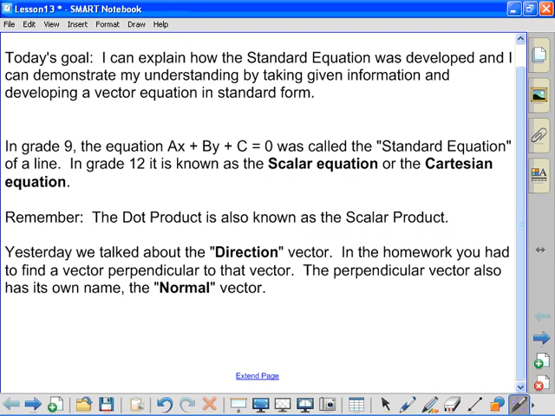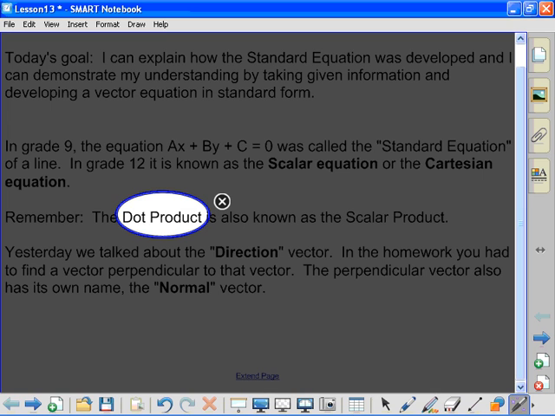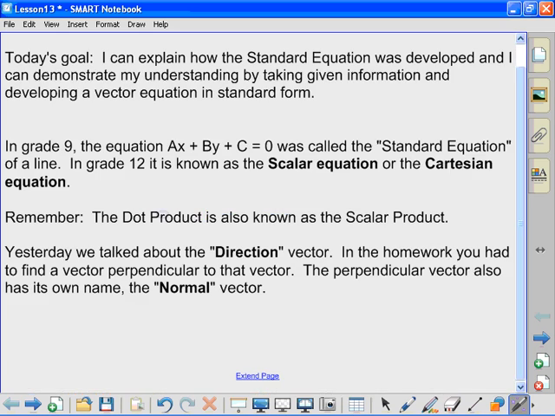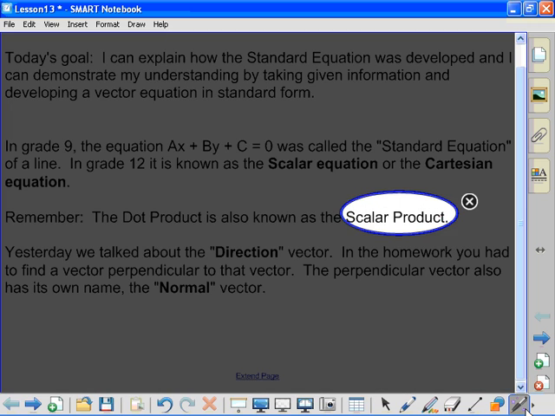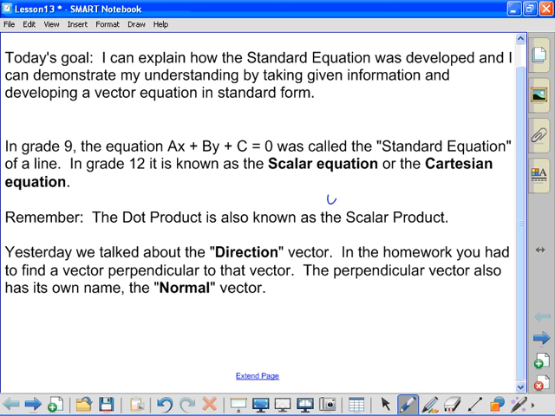Just as a reminder, the dot product, which I didn't talk about quite as much, is also called the scalar product in some of the older textbooks. The reason it's a scalar product is because when you take the dot product of two vectors, the result is a number, or in our case, we call those scalars. We also talked about direction vectors, and hopefully in the homework you were able to find a direction vector and perpendicular vectors.